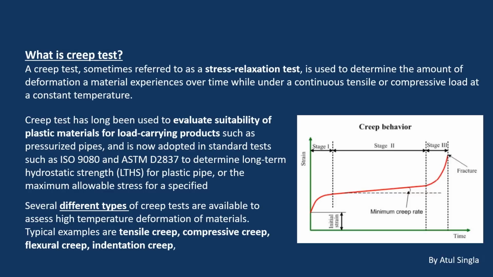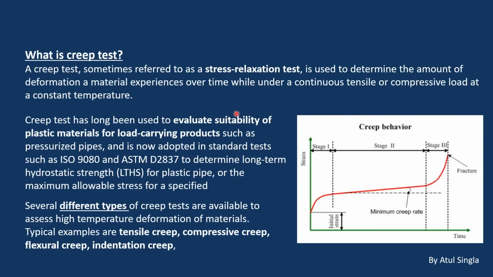Creep test is again one of the destructive tests performed in the process industry to determine the amount of deformation a material experiences over time when it is under a continuous tensile or compressive load at a constant temperature. This curve indicates the behavior of a material. This is time and this is strain.